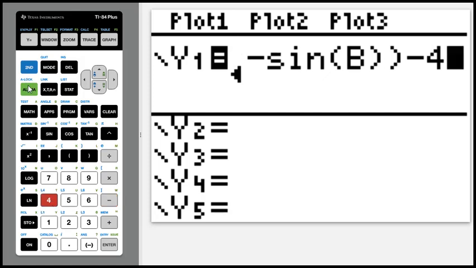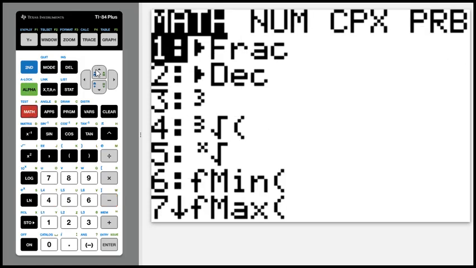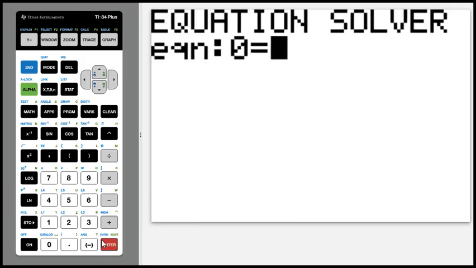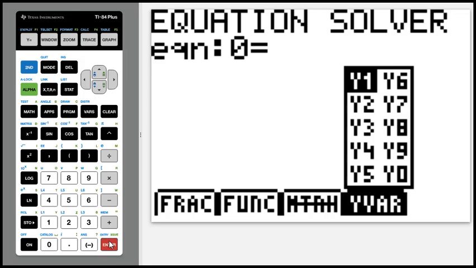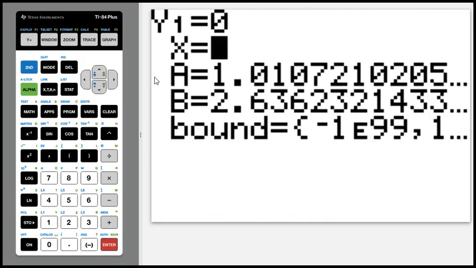Then we go to math, upper arrow, enter, alpha trace, go to Y1, then enter.